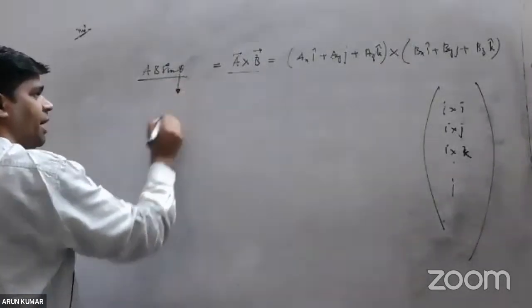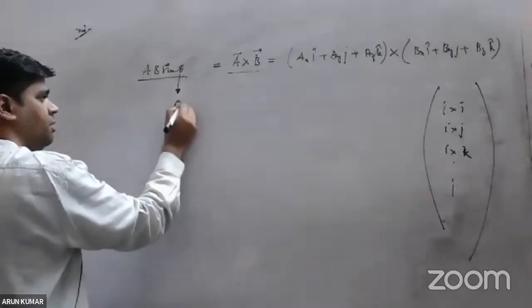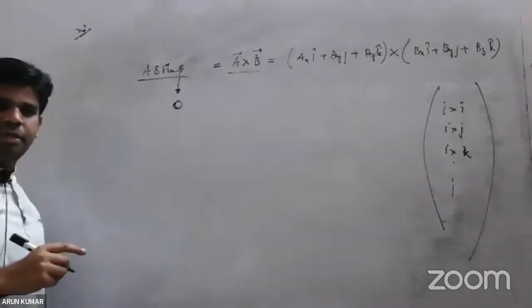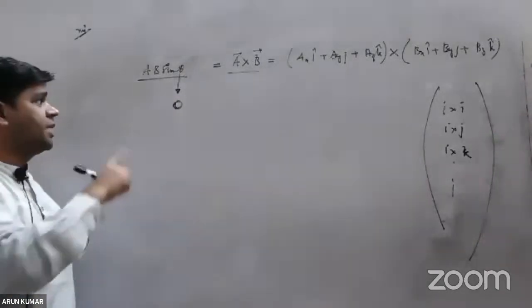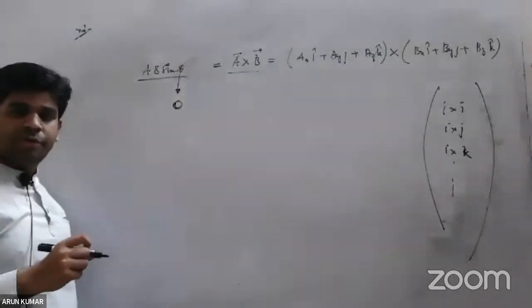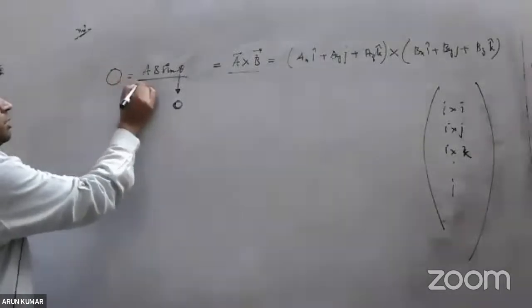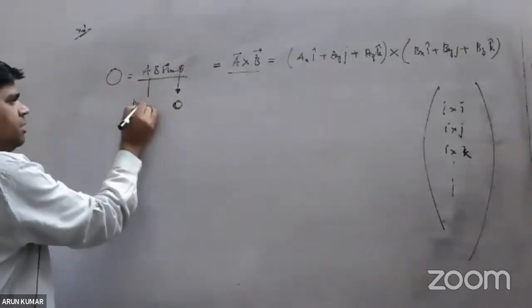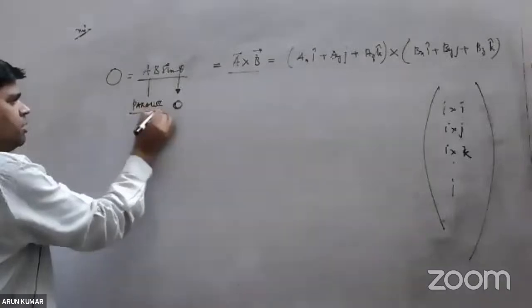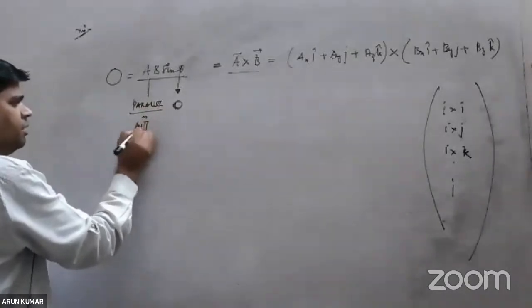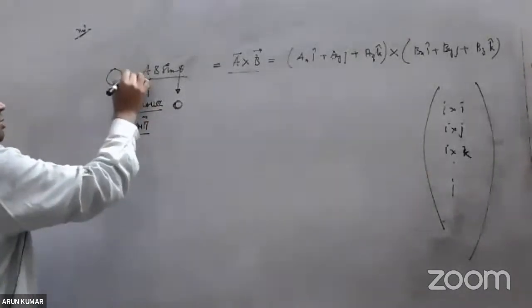If the vectors are parallel or anti-parallel, my theta is 0 or 180. So sine 0 or sine 180 becomes 0. So for 2 vectors which are parallel or anti-parallel, my cross product is 0.